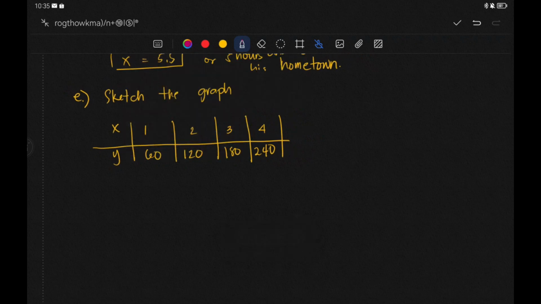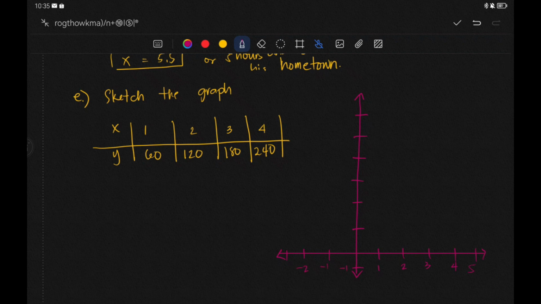For our Cartesian plane, let's say this is 1, 2, 3, 4, 5, negative 1, negative 2.